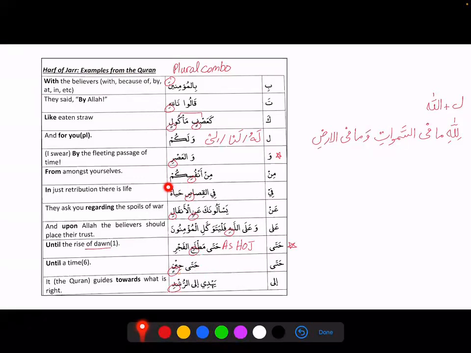And the translation would be until a time. Then ila yahdi ila rushdi. Ila is a harf of jar and rushdi is the ism majrur. Very good. So it is talking about the Quran, that the Quran guides towards what is rushd, what is good or what is right.